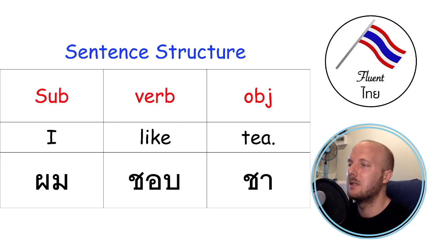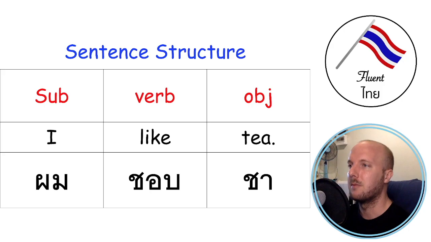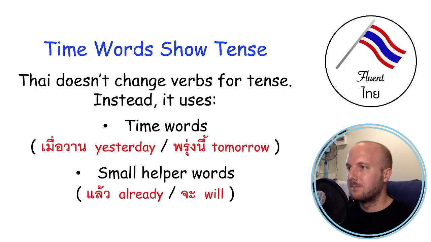I think most languages in the world are like this. Thai is a little bit different in the way it composes questions, but we'll look at that later. But for most straightforward statements, subject, verb, object, like I like tea, exact same in Thai, ผมชอบชา. So no problem there.